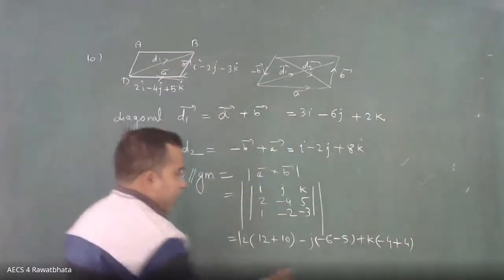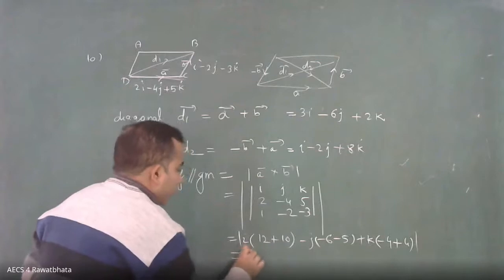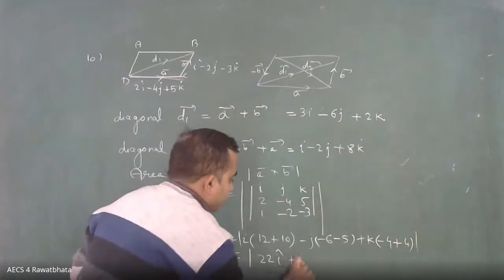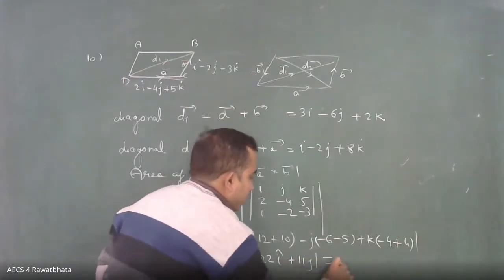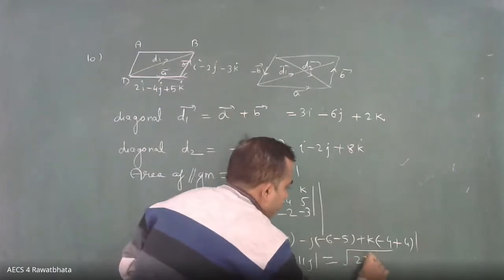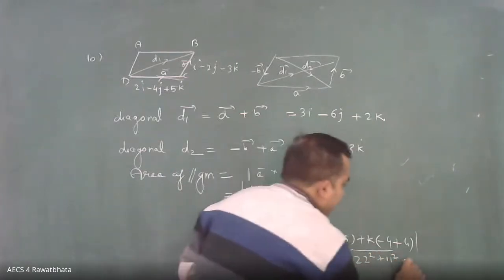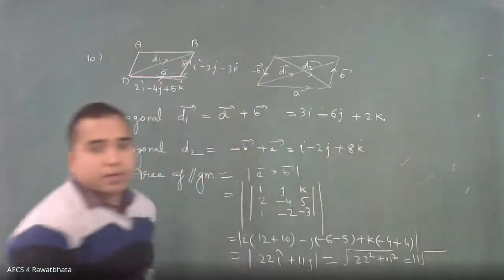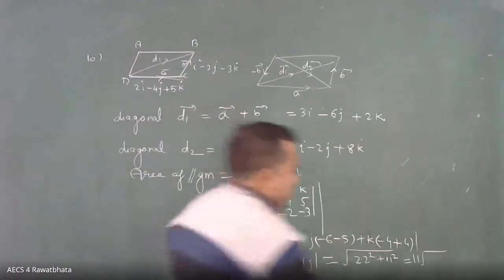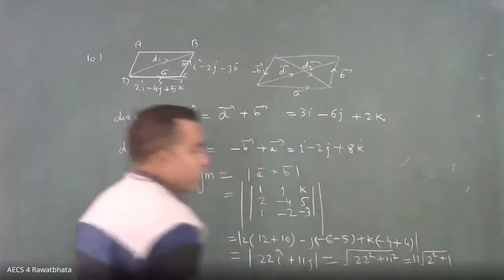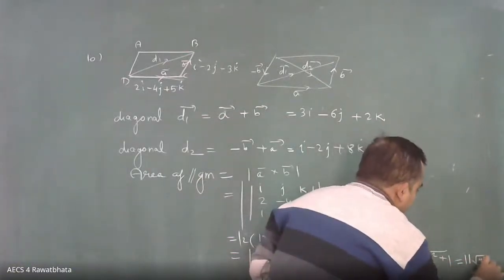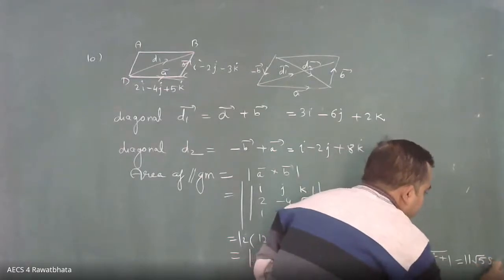So this is going to be 22I plus 11J. So we need its magnitude, which will be root of 22 square plus 11 square. 11 you can take common outside the root, it will remain 11, and inside it will remain root of 2 square plus 1. 11 root 5 should be the answer. Anjali Sharma, is this right? 11 root 5 square units. Yes, sir, correct.